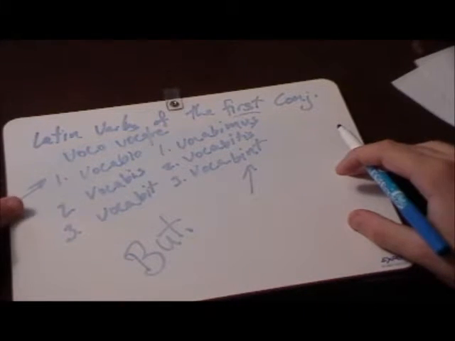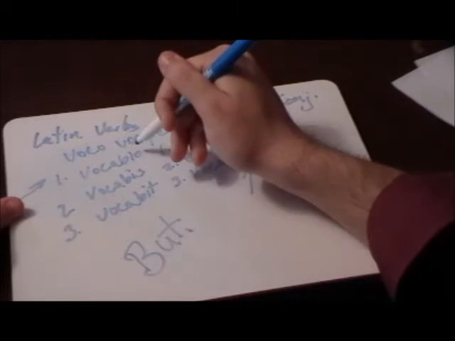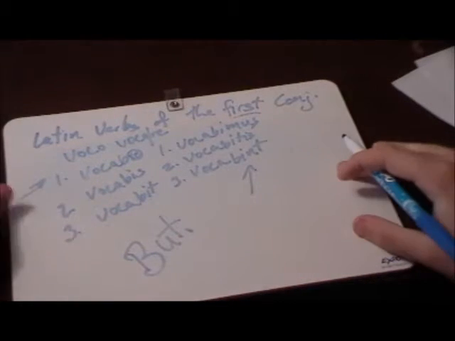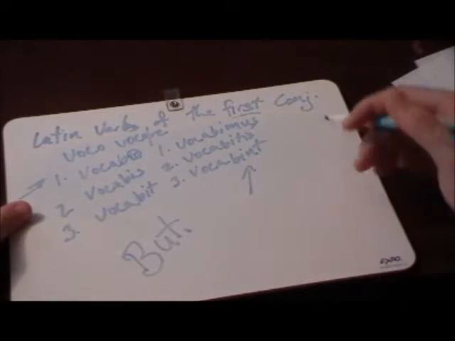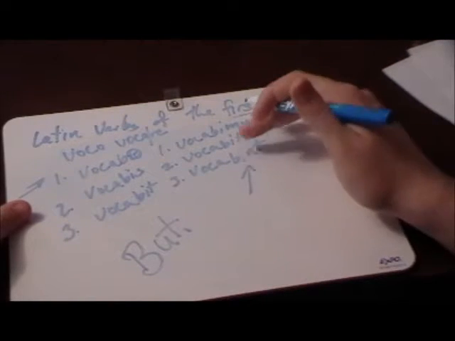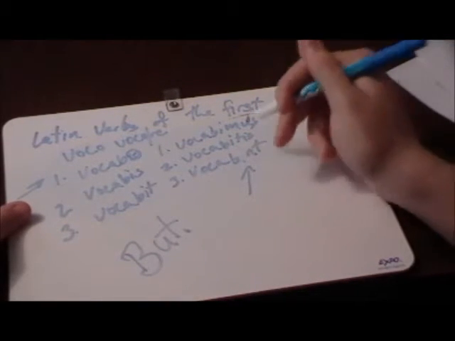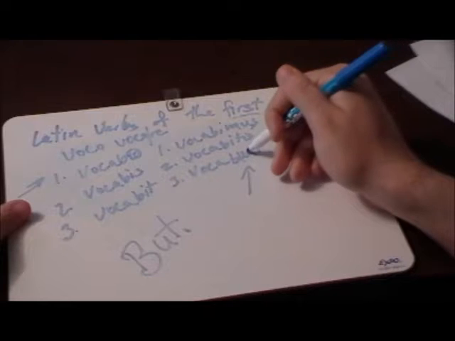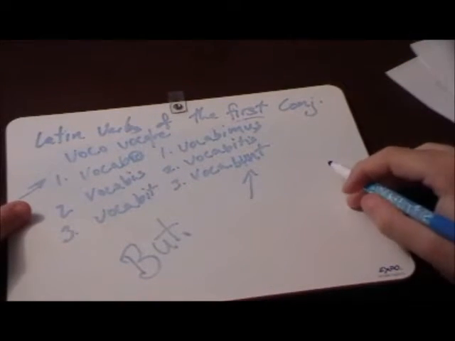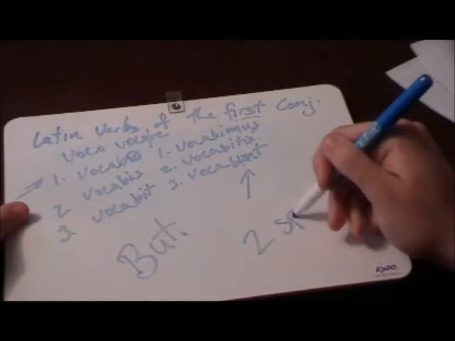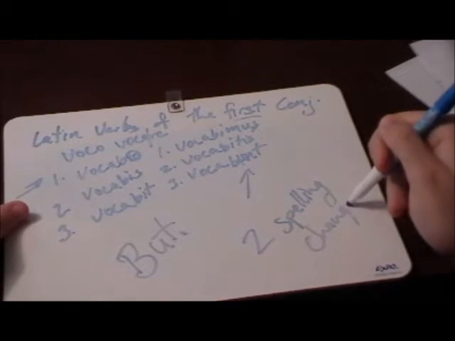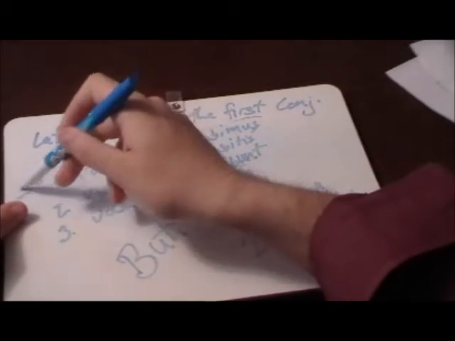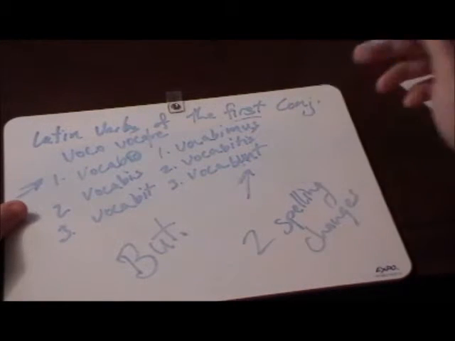Instead of vocabio, it just changes to vocabo for pronunciation. And the change happens here in the third plural. This I, instead of vocabint, it goes to vocabunt. So there's two spelling changes.